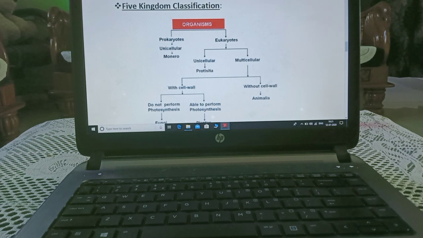Prokaryotes are unicellular, they have a single cell, and here comes Monera. Eukaryotes are divided into two parts, unicellular and multicellular: unicellular is Protista, and multicellular means they have more than one cell.